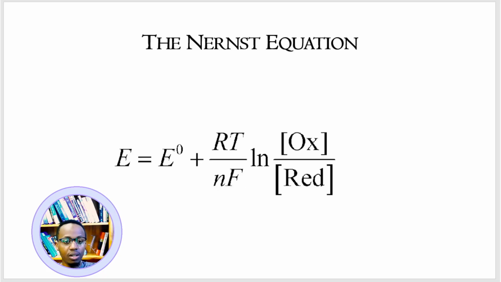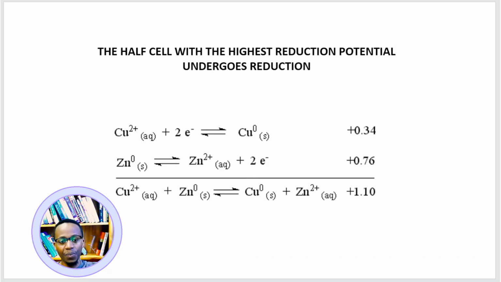So here we're going to take the 1.1 we just found plus RT over nF times ln of the concentration of the oxidized over the concentration of the reduced. So in this case, the oxidized is zinc, the reduced is copper.